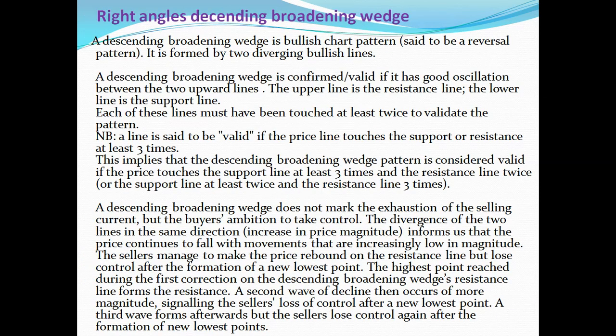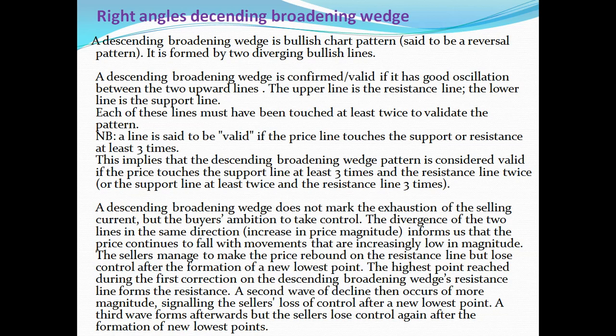Descending broadening wedge does not mark the exhaustion of selling pressure but the buyer's ambition to take control. The divergence of the two lines in the same direction, with increase in price magnitude, informs us that the price continues to fall with movements which are increasingly low in magnitude. The seller managed to make the price rebound on the resistance line but lost control with the formation of a new point.